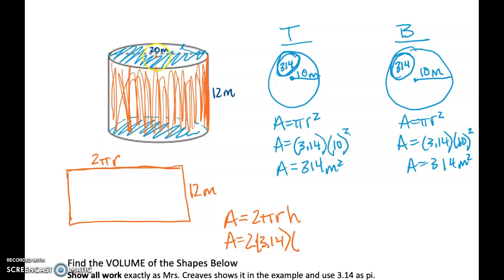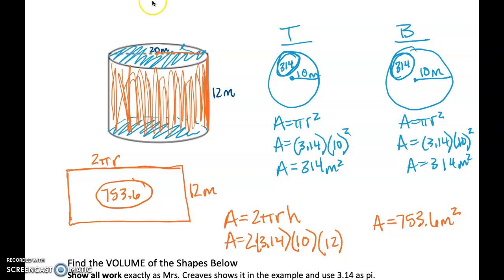This r means the radius that was in this circle here because it's related to that. So it's 10 and then our height is 12. So we get area equals 2 times 3.14 times 10 times 12 gives me 753.6 meters squared.